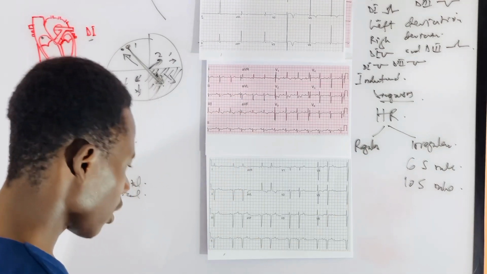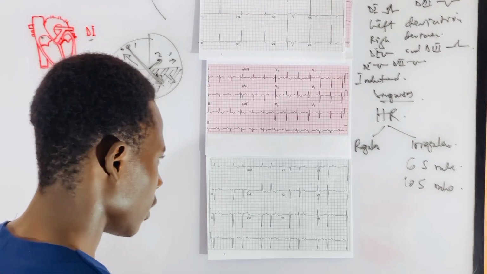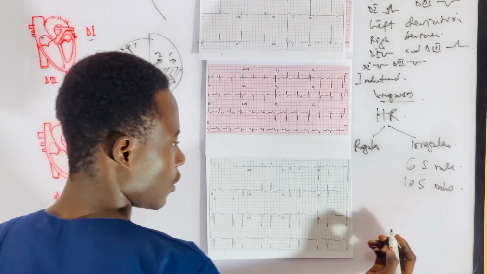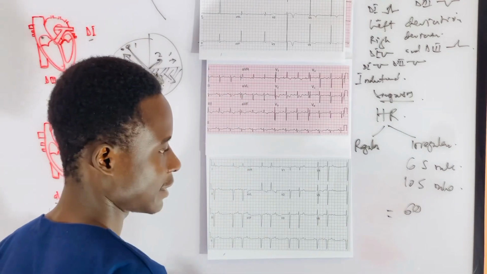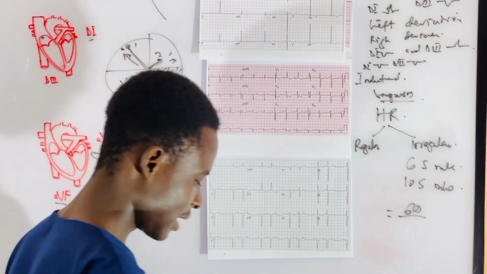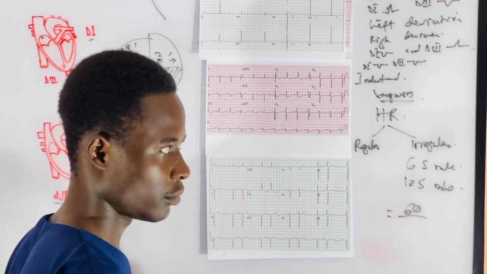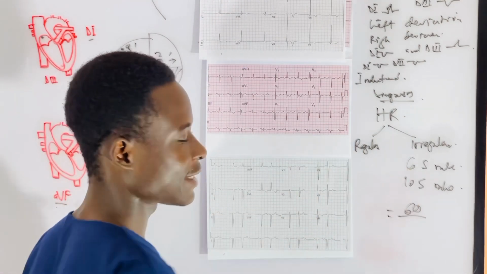Now, why are we saying 6 seconds rule and then 10 seconds rule? Look at something over here. The formula is you take 60 seconds, and then you divide it by a certain period of time. So the period of time over here is what we call the 6 seconds.